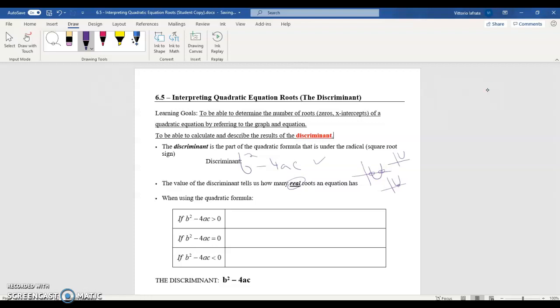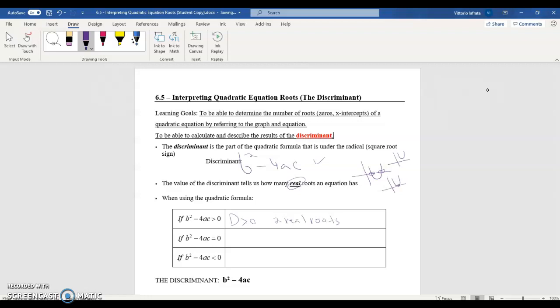Well, the first thing is, if your discriminant, meaning b squared minus 4ac, is larger than 0, what that means is that you have two real roots. So if discriminant, I'm going to call that d, is larger than 0, then what that means is you have two real roots.